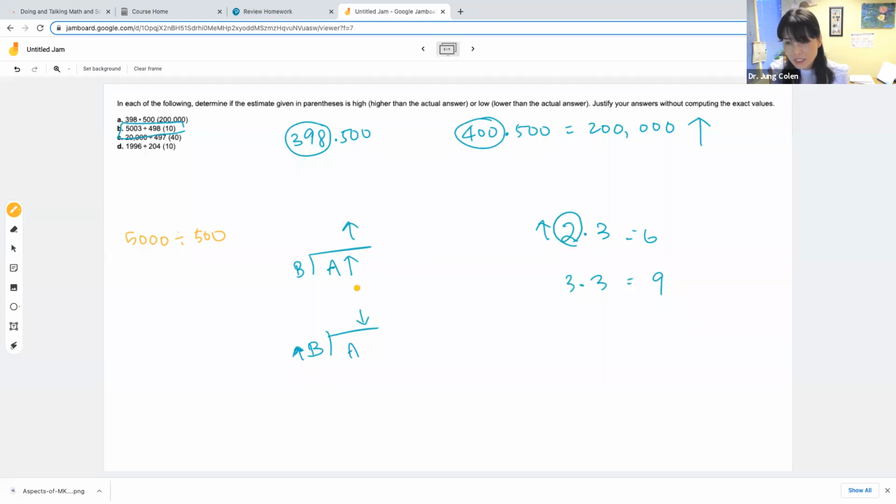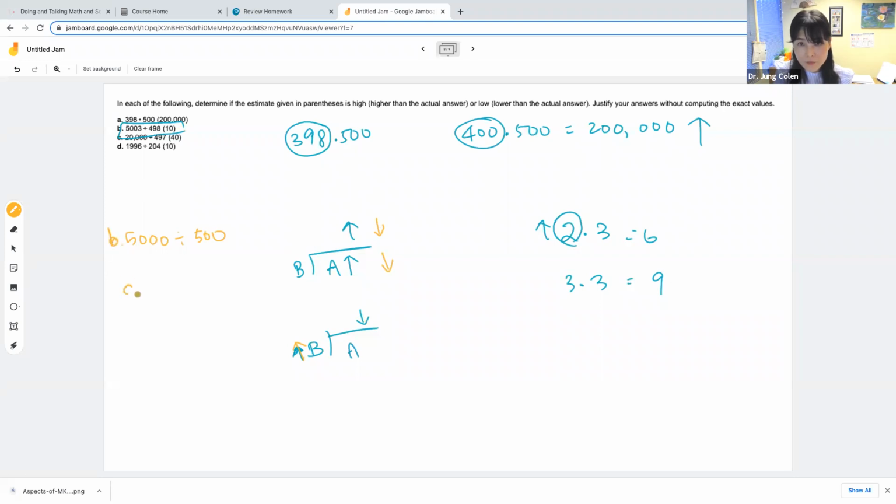So decreasing means quotient will go down, right? And he increased this part too, then quotient will go down again. So this one shows lower than actual answer, right?